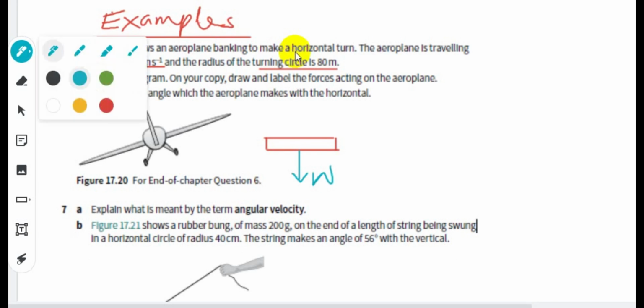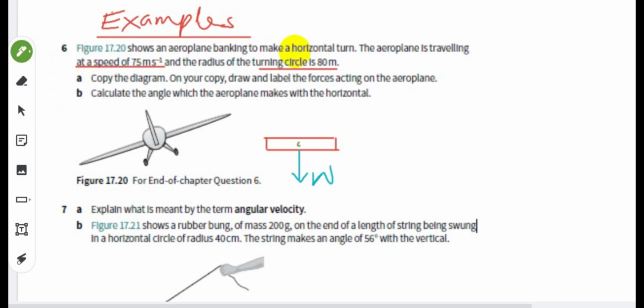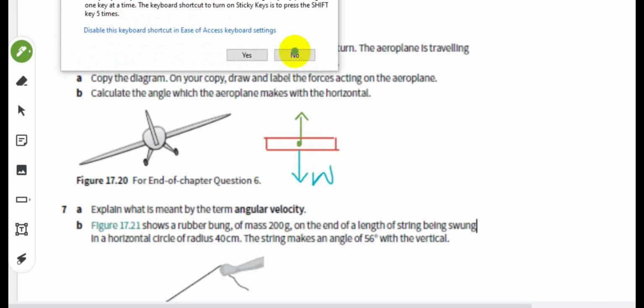So to counter the weight so that the aeroplane will continue moving at the same altitude without coming down or going up, there needs to be another force which is exactly equal to but opposite in direction to the weight.